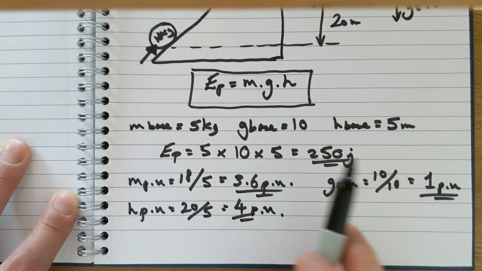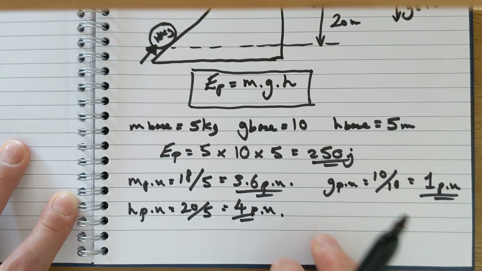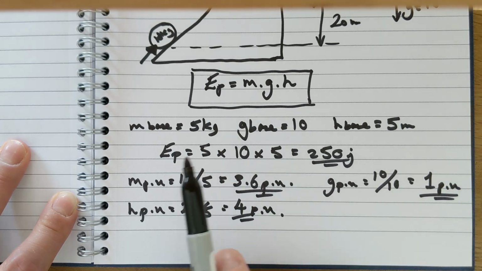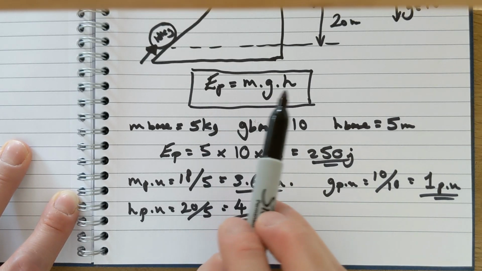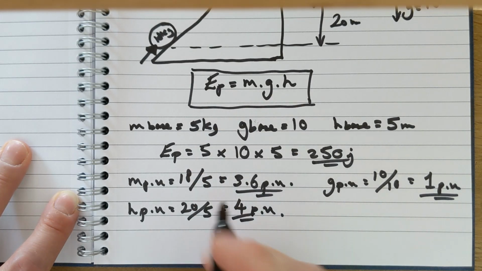Now we have the system in per unit, we can go and calculate our potential energy. We would use exactly the same formula, but with our per unit values.